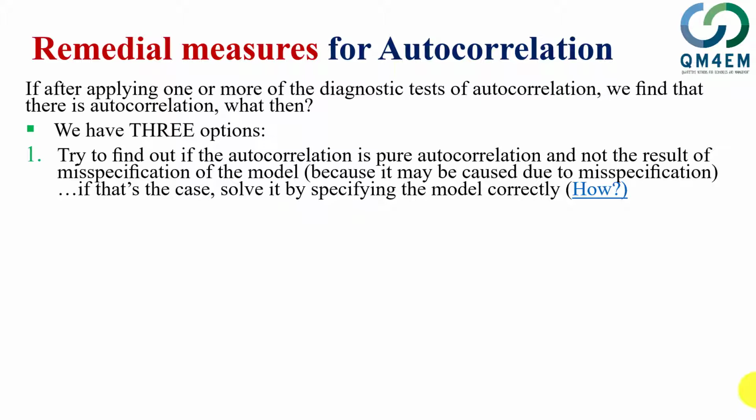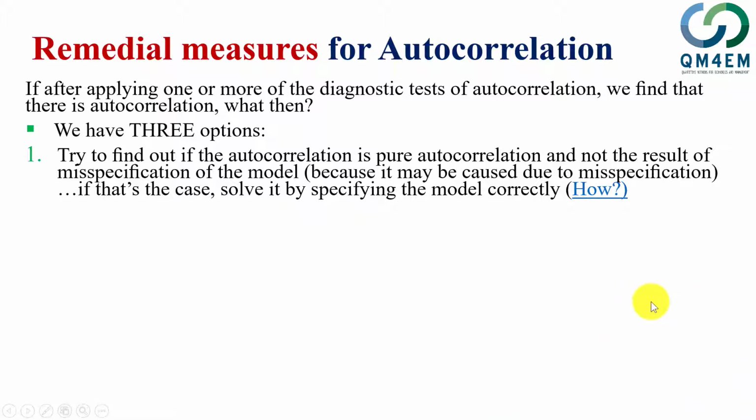So we first have to confirm if the model is correctly specified. If it is incorrectly specified, that could lead to a problem of autocorrelation. So before solving the problem, we have to be sure whether this autocorrelation is because of misspecification of the model, or because of some other reasons which we have seen.